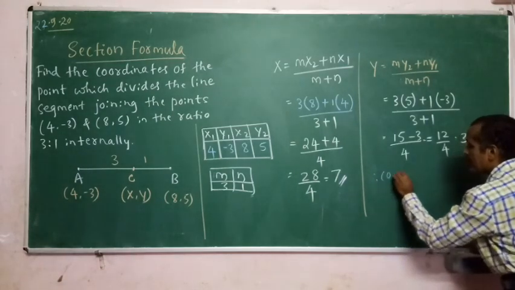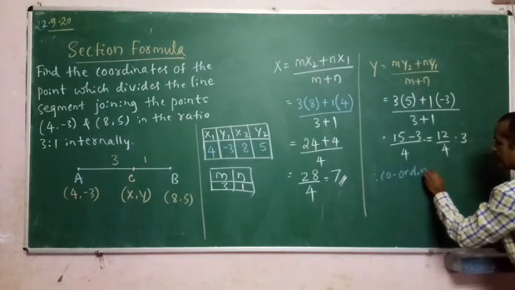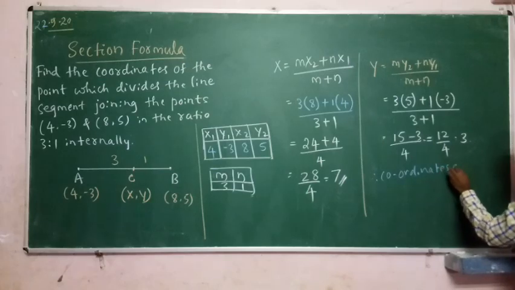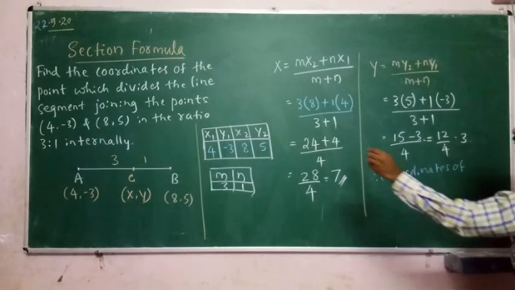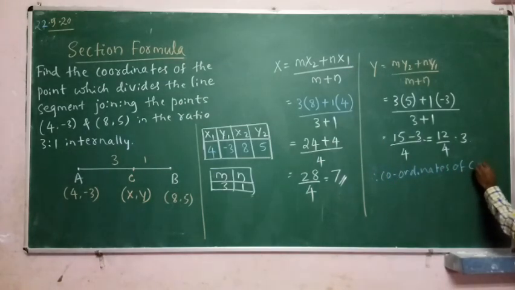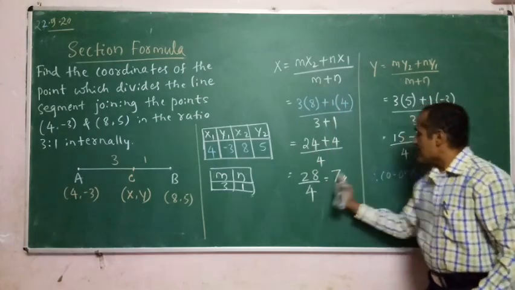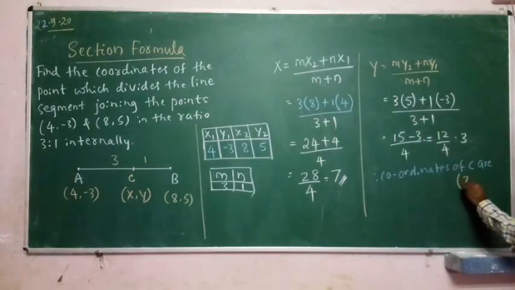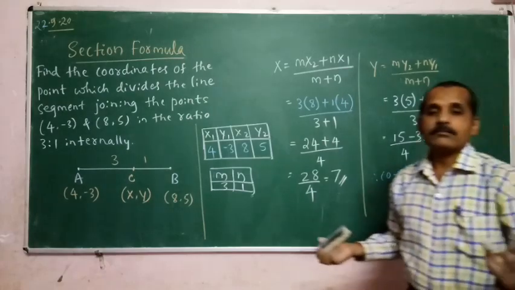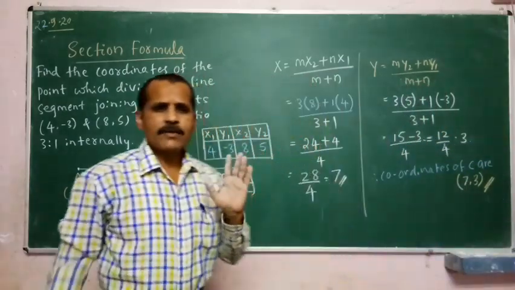Therefore, the coordinates of C are x value 7, y value 3, that is (7, 3). That is the end of the problem. Very simple.